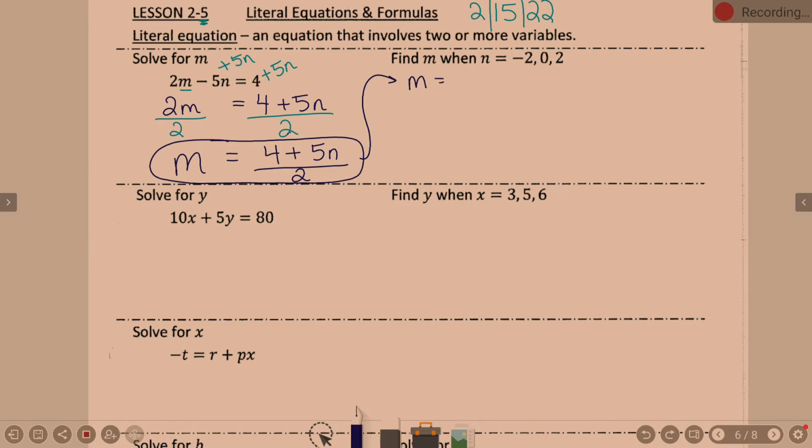Notice m equals 4 plus 5n divided by 2. What's the first n value they give us? They give us an n value of -2. So since it's 4 plus 5n divided by 2, I'm going to do 4 plus 5 times -2, divided by 2.